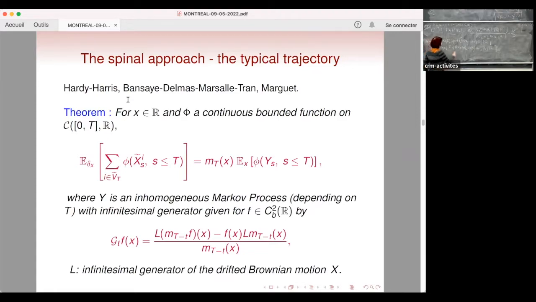So now we have two functions of xt, and we know very well the dynamics of xt, times this multiplicative function. So we can compute it.